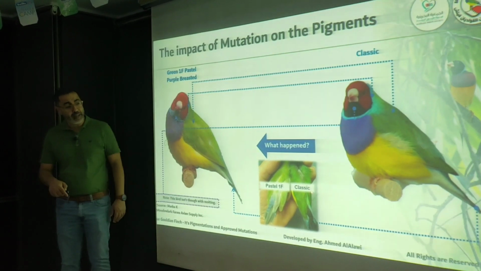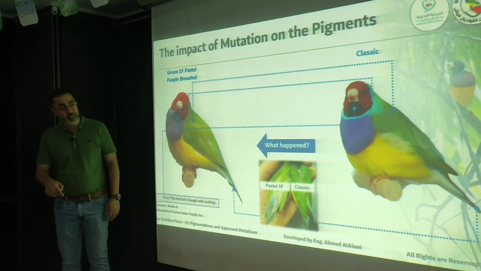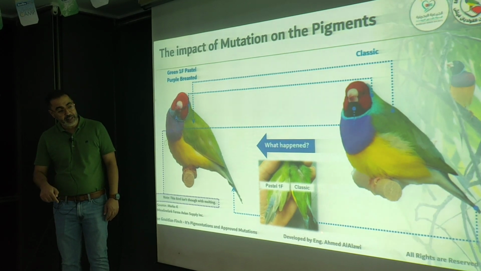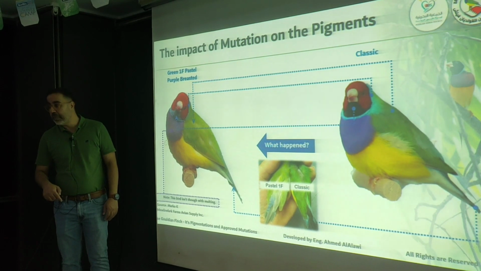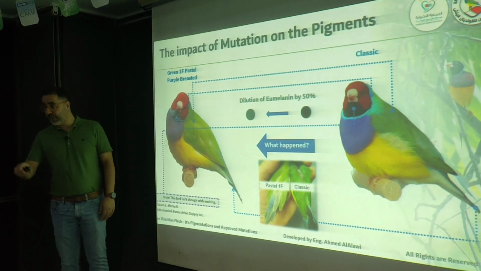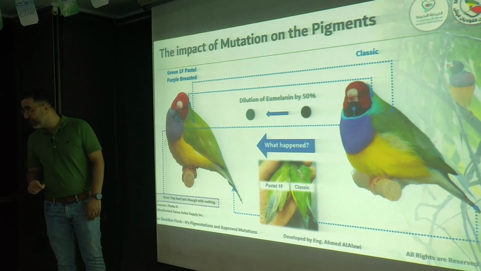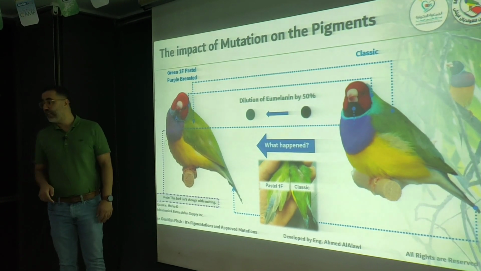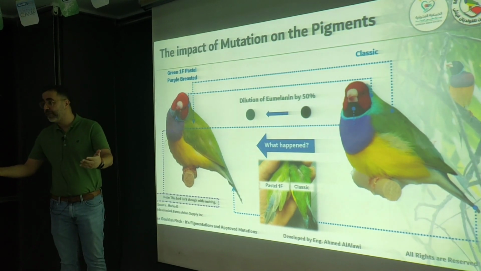By the way, this is the back. So this is how a classic back looks, and this is the pastel single factor. Even if you look at the black in the tail, it became gray. So this is the result of dilution of the eumelanin by theoretically 50%. The black became gray.